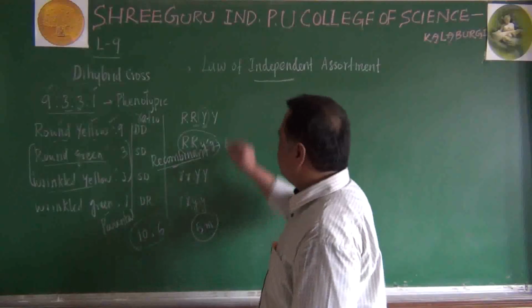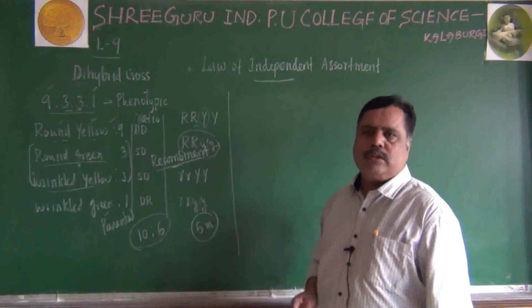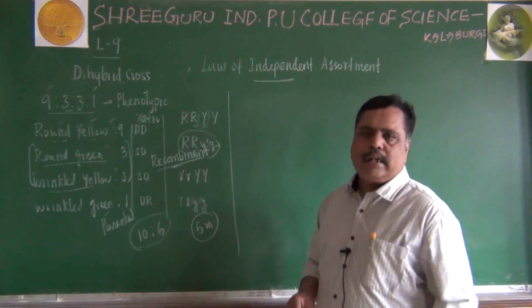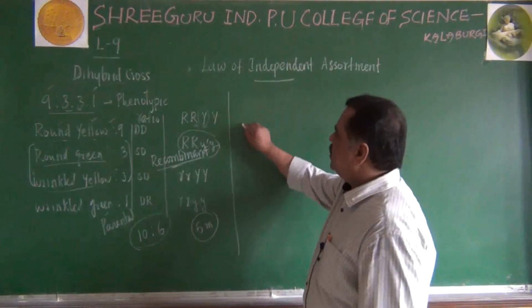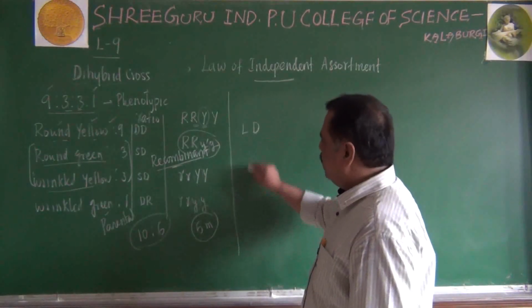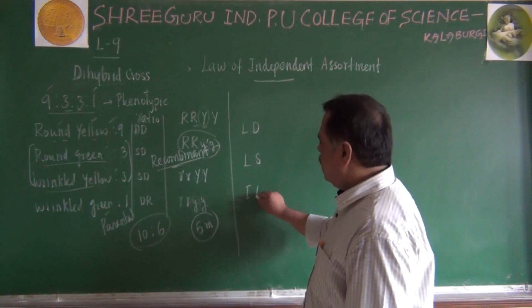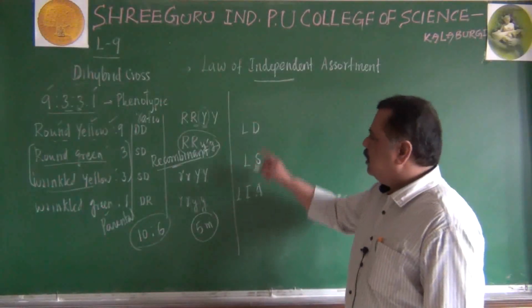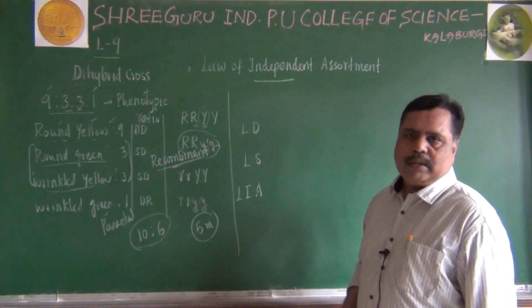Let me make one point to check whether you have understood this concept clearly or not. We have studied three laws based on Mendel's experiment. One is the law of dominance, another is the law of segregation, third is the law of independent assortment.